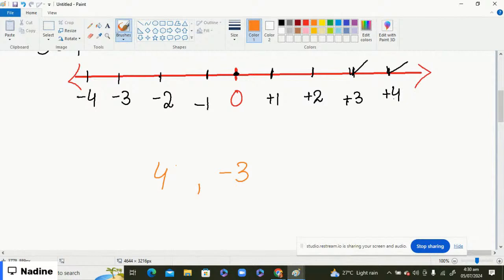Remember one thing, a negative number is always less. All the negative numbers are less than the positive numbers. Maybe it's greater sometimes, for example here is 3, and here is minus 4. Still you can say that 3 is greater than minus 4. Why? Because there is a negative sign with it.